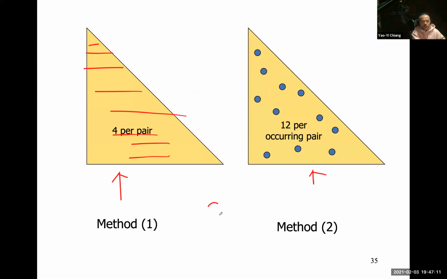You have i, you have j, and you have a counter. This requires you to use 12 bytes per counter, but you only count occurring pairs, right? So that's why it shows that only some pairs you have to count. Others, you don't even have to initiate a counter and you are saving space.